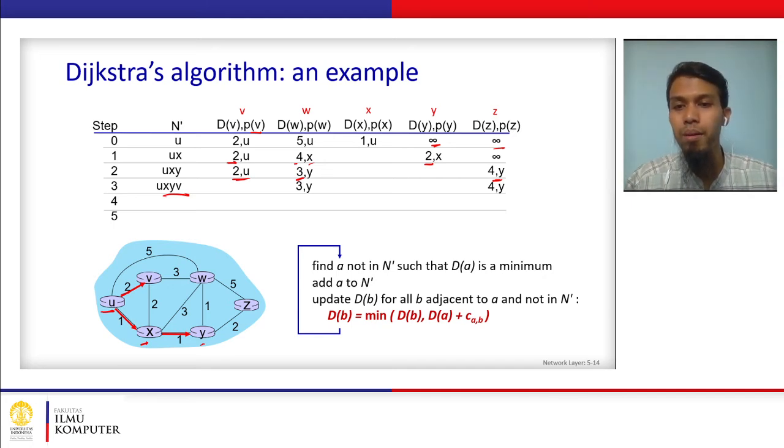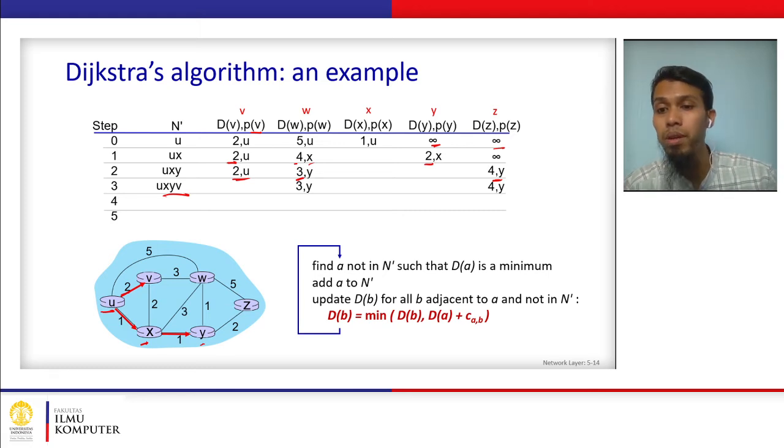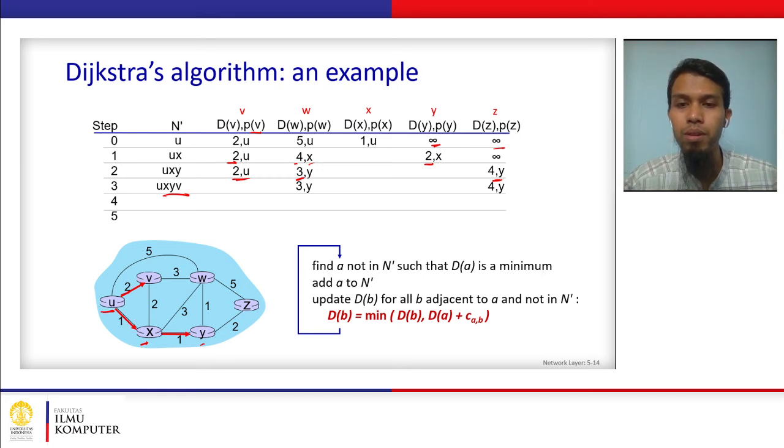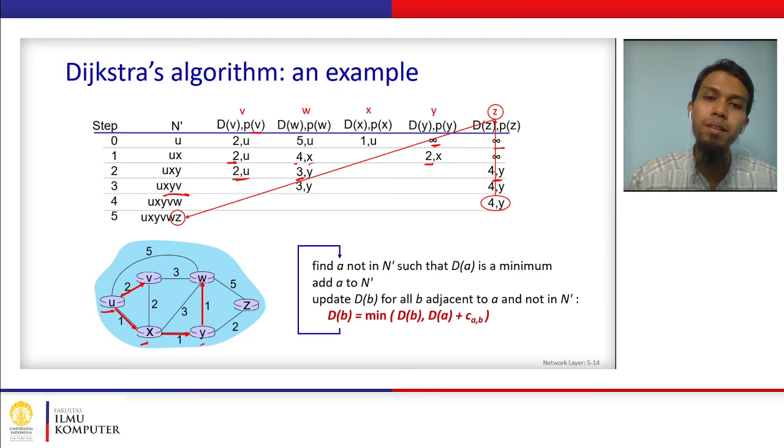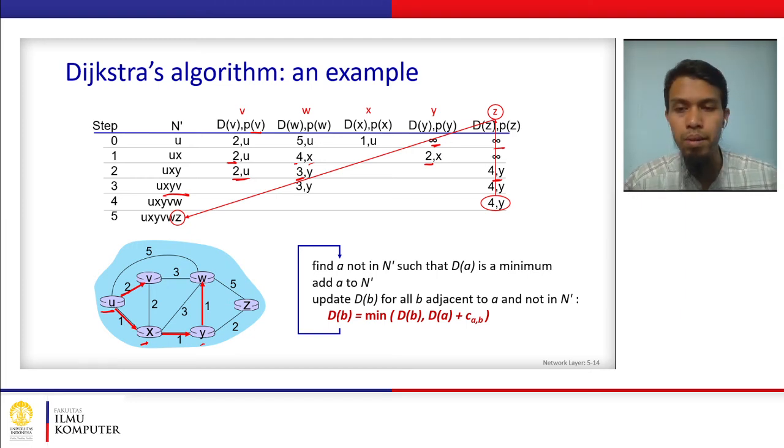It's still the same because this is the optimum cost from u to w. If we go from u to w via v, then the total cost will be 5. So we keep it as it is, and we add w now to the N prime list, and now we are left with only z. There is no change with z, so this is the last node to be added in the N prime list.